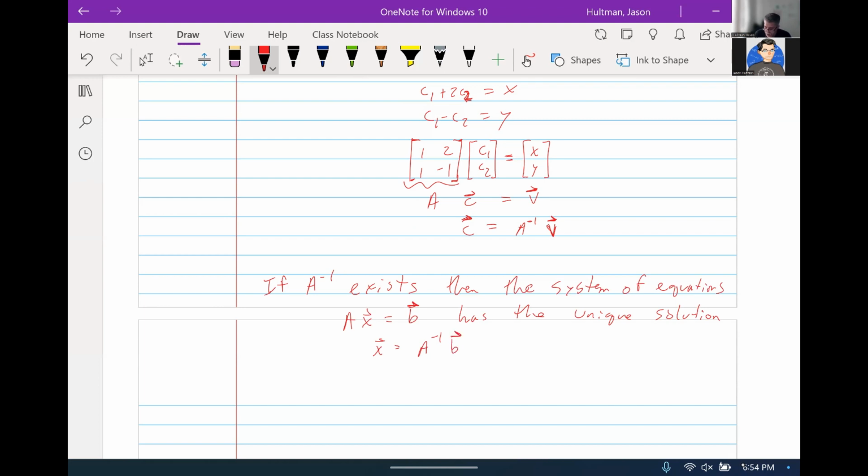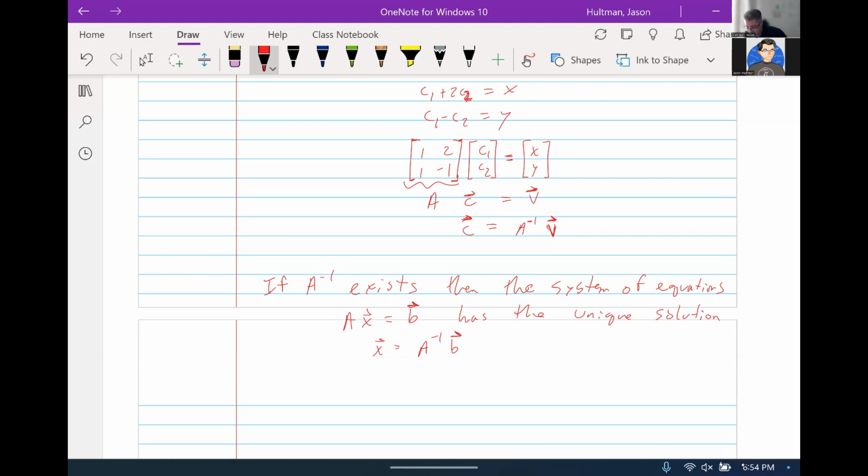We're just letting C be X and V be B. In this case, we're saying, look, if A inverse exists, then the system of equations has the unique solution. So we know that if it's invertible, then it's consistent and independent.